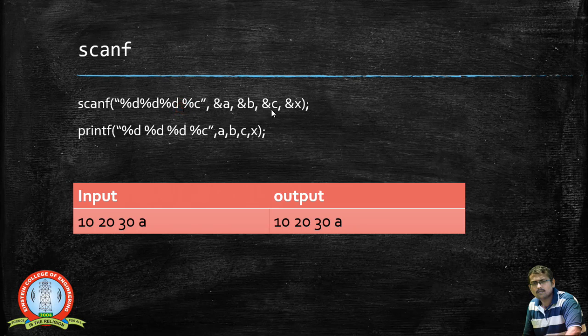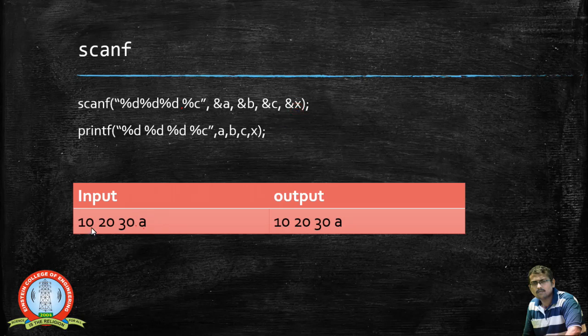So while I am entering the input, 10, 20, 30 will be stored in a, b and c. Now after 30 you see I am giving a space. This space is a format which is followed here, and after this space whatever character I give will get stored in x.